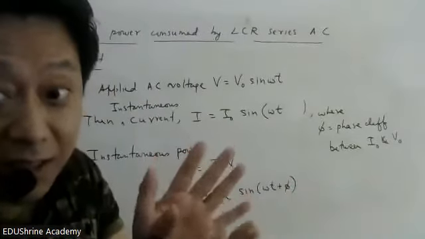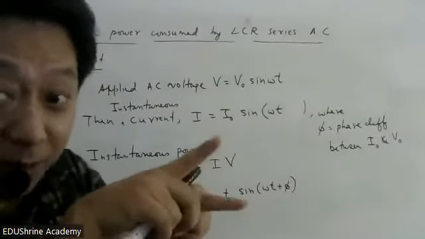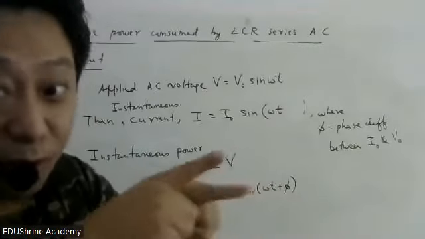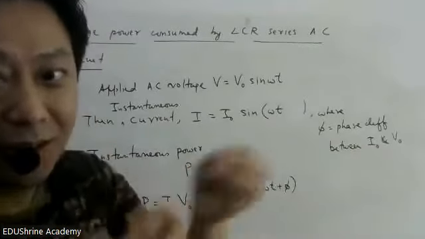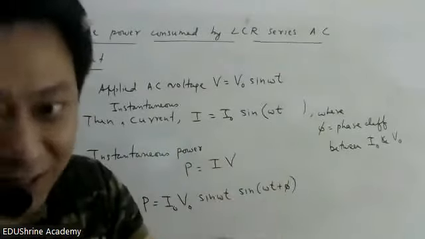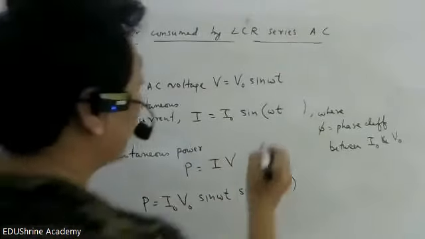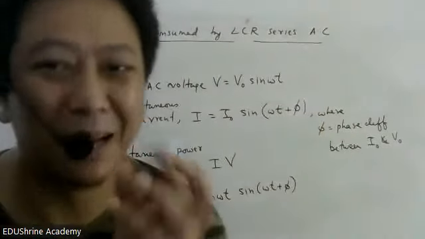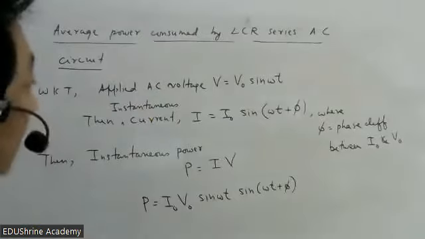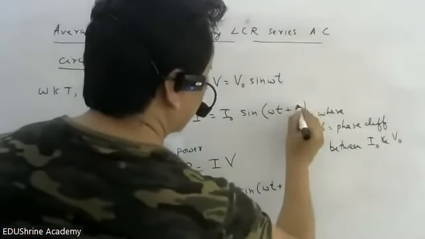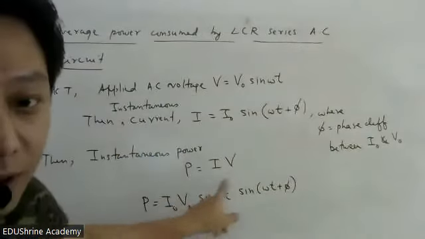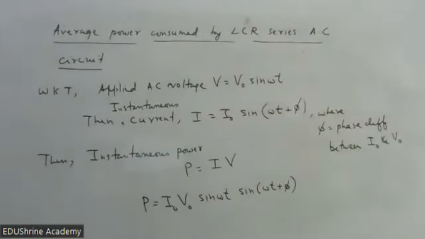But in an LCR circuit, there can be some phase difference which we don't know. We derived its formula, but we don't know the value unless they give us XL, XC, and R. So when you don't know, put some symbol. You can't put a number, but you have to put a symbol. After finding current and voltage, multiply current and voltage, that is power.